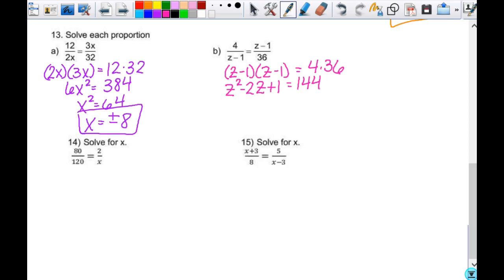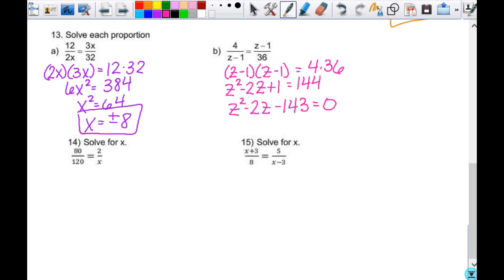So that means that z squared minus 2z plus, nope, plus 1, because I want to subtract that over here, minus 143 equals 0.